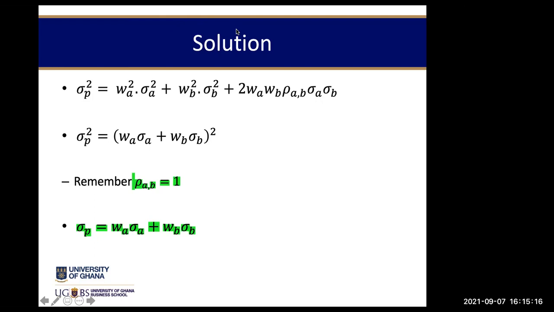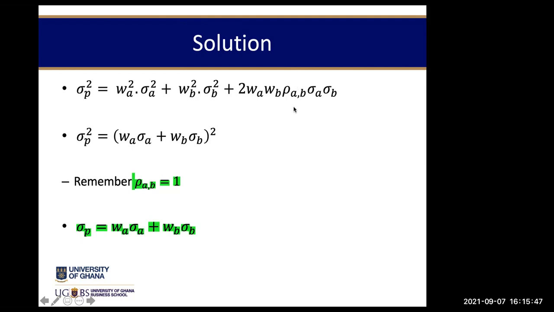So the variance of a 2-asset portfolio is given as this: weight of the first asset squared times the square of the standard deviation, which is more or less the variance of asset 1. So weight of asset A squared times variance of asset A plus weight of asset B squared times variance of asset B plus 2 weight of asset A, weight of asset B.